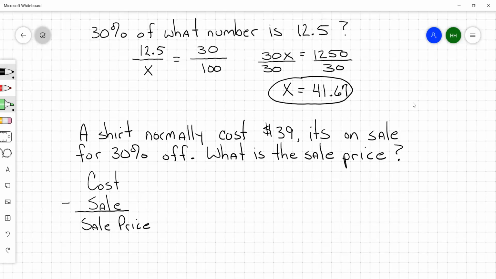Here's our normal cost of 39. The problem we need to solve first is what 30% of $39 is, so we can subtract it. 30 is our percent, the is is what we're trying to find, and 39 is the of.